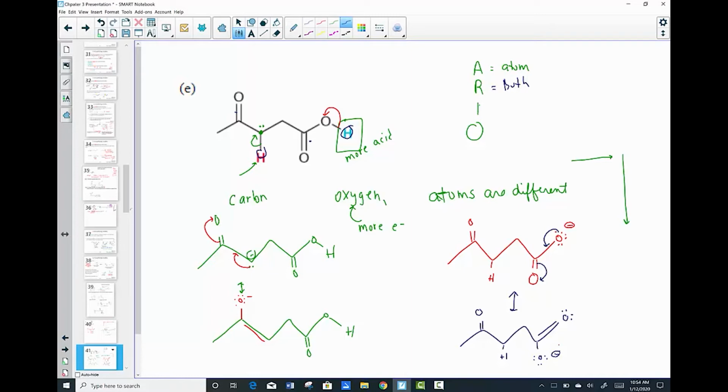Because both exhibit resonance, resonance really wasn't the factor here. It was the first letter. The first letter stands for atom. An atom of oxygen is more electronegative than the atom of carbon, and therefore the proton attached to the oxygen is the more acidic proton.